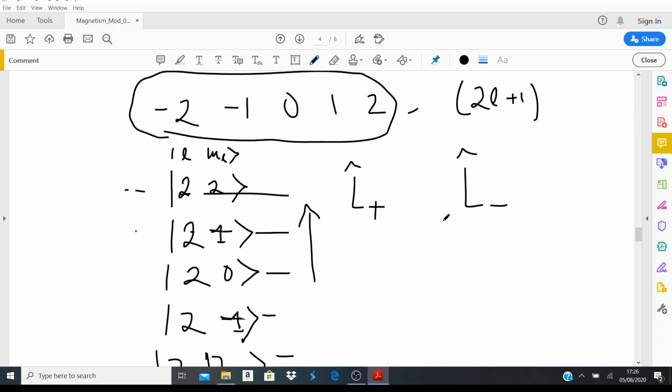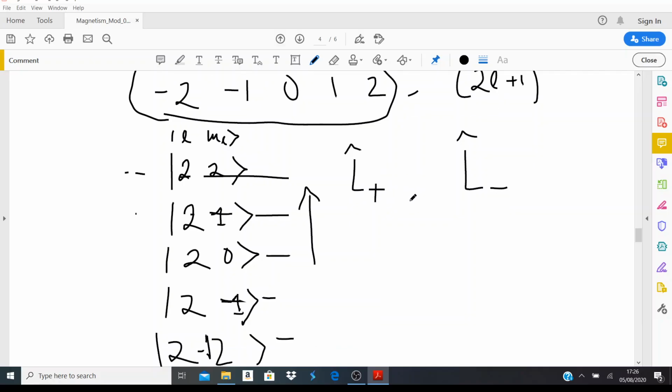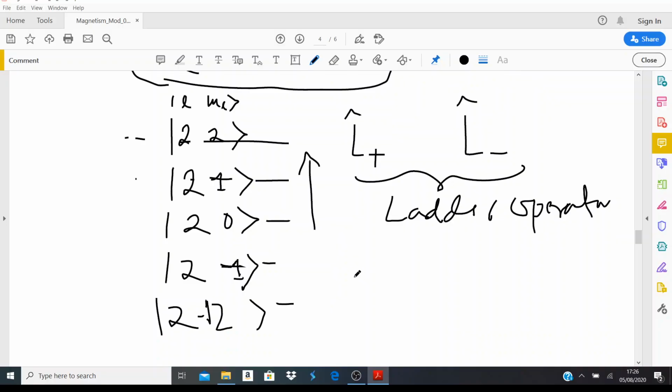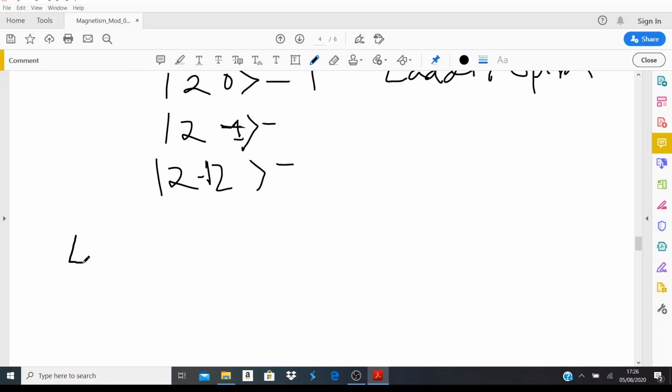And how do you define the operation of these 2 important ladder operators? So these are usually known as ladder operators, and now let us define how they operate. So our state is L ML, right? And we are operating by L plus on L ML. You know what this operator does, right? This one will increase ML by 1.